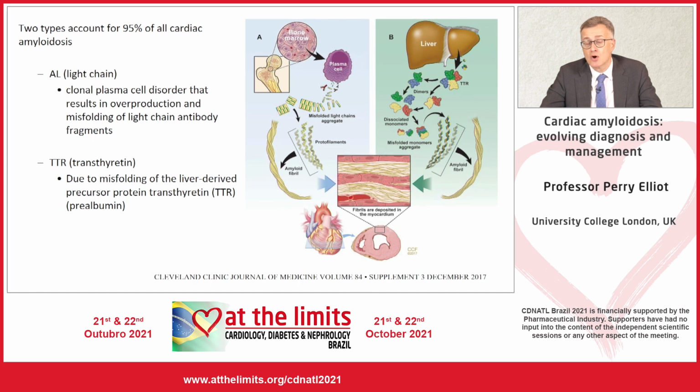The second and more common form results from the deposition of a normal transport protein, transthyretin, or what used to be called prealbumin, which is an important protein responsible for the transport of thyroxine and vitamin A. And this protein is produced from the liver and again becomes deposited within various tissues, including the heart.